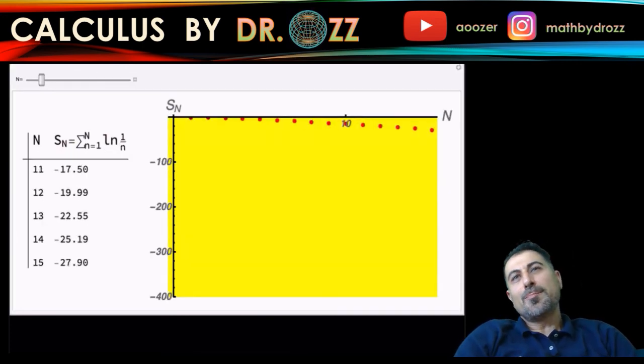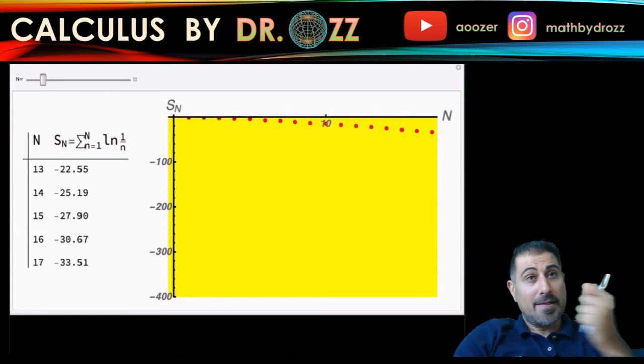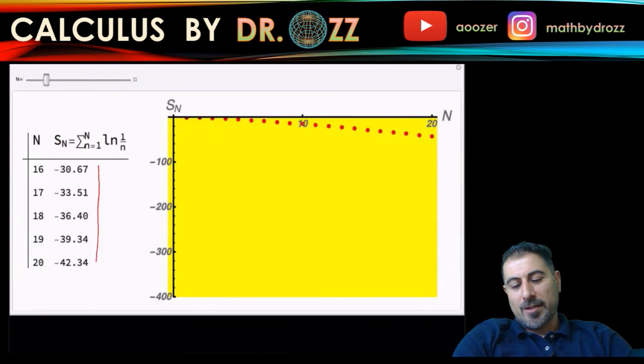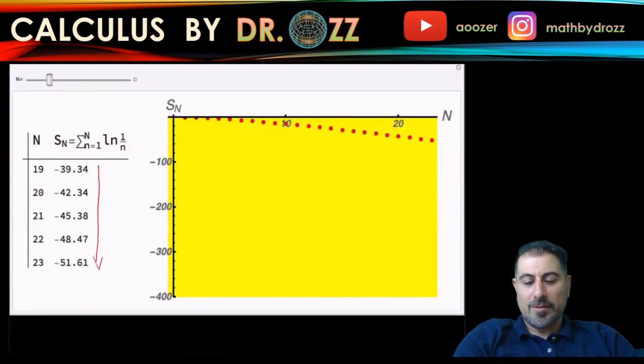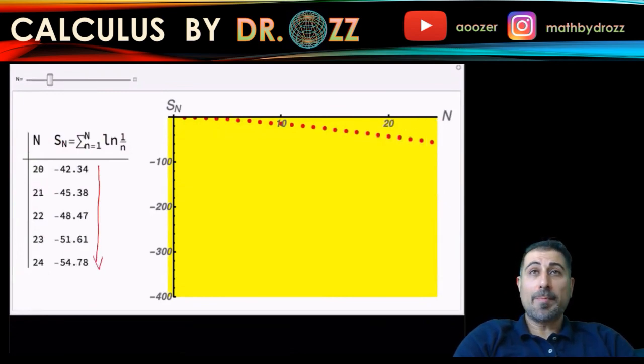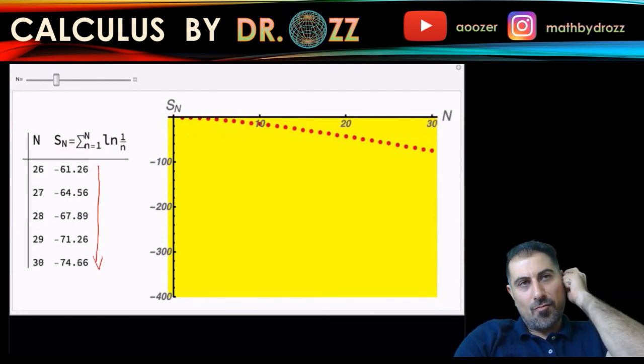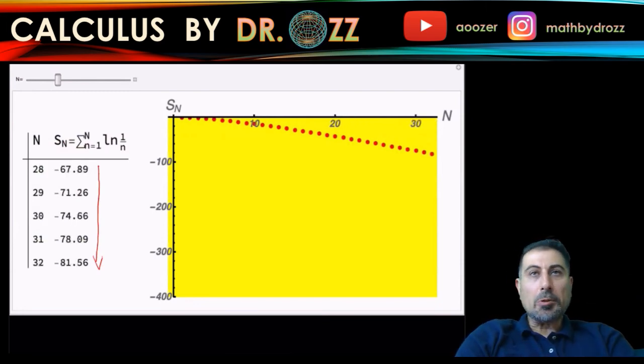And this is the series in part B. We said that the infinite series is divergent. As you see, you are going down, so the values get smaller and smaller without a bound. So you're diverging away to minus infinity. This is the visual proof of what we concluded in part B.